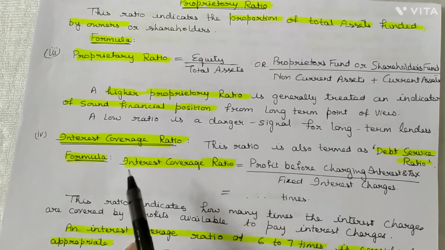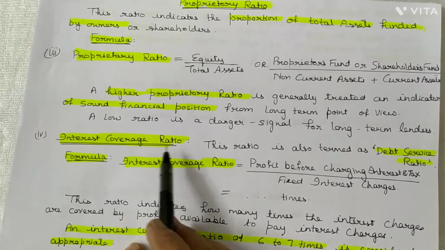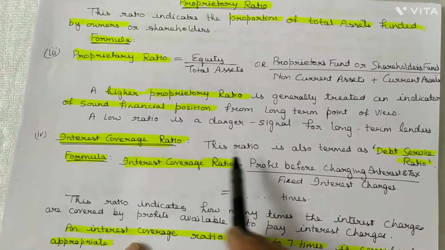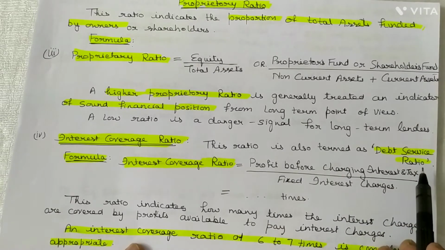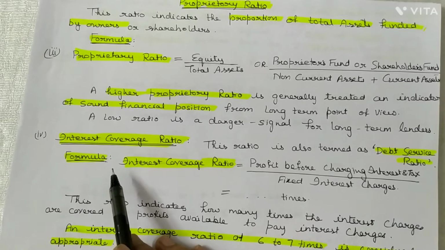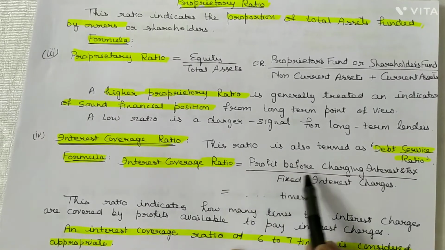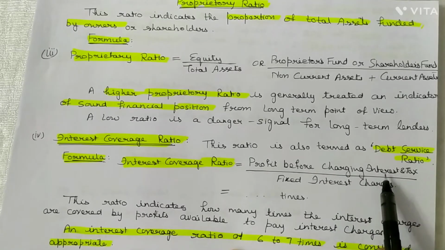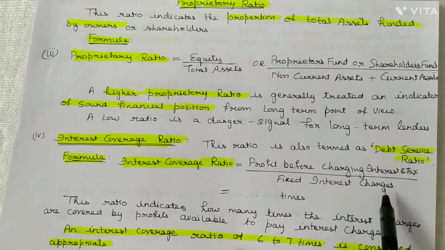Next, the fourth ratio is the interest coverage ratio. This ratio is also termed the debt service ratio. This is another name of this ratio. Formula for calculating interest coverage ratio is equal to profit before charging interest and tax divided by fixed interest charges.